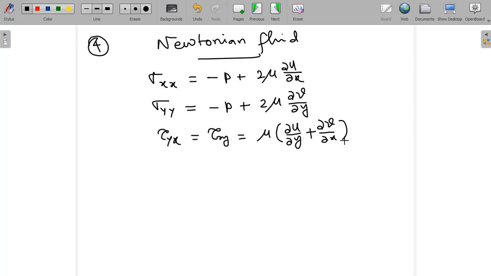Now if you put these stress values in terms of velocity and pressure, then del f surface x component will become what? That quantity was this.